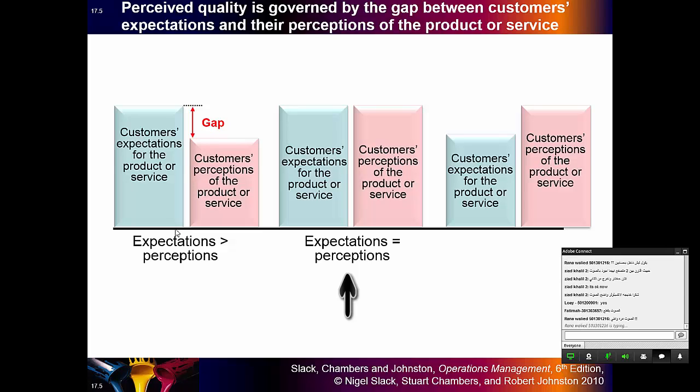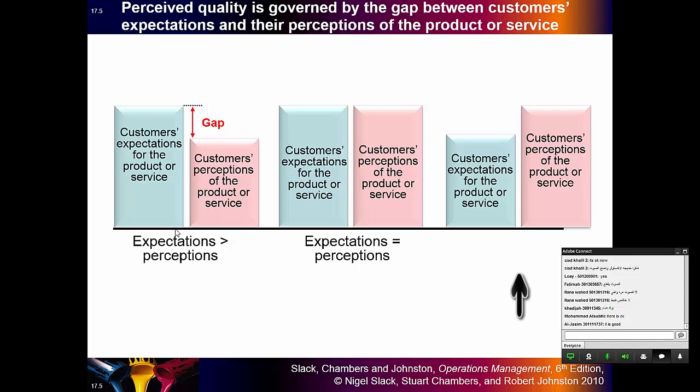That means their expectations are at the same level as their perception after using the product or service. Then we can say here that the quality is good, is fair enough, is fair good to the customers.